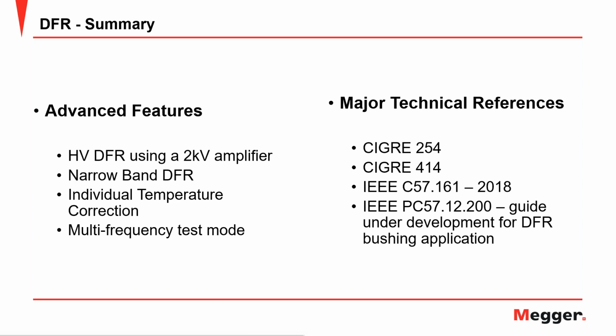Look into the references, right? There's quite a few references: SIGGRADE 254, SIGGRADE 414, the latest publication from IEEE, the guide for DFR testing, which is C57.161. This technology is so important now in the industry that we are working in the IEEE Transformers Committee to develop the DFR bushing application guide.